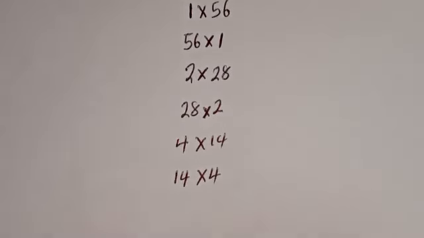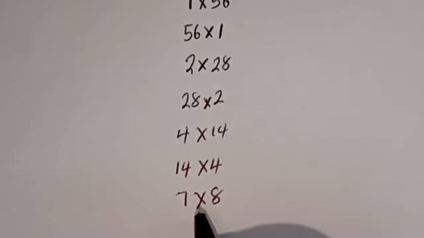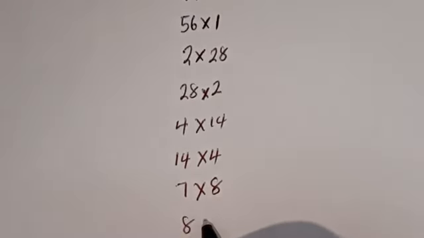Then we have 7 multiplied by 8, also 8 multiplied by 7.